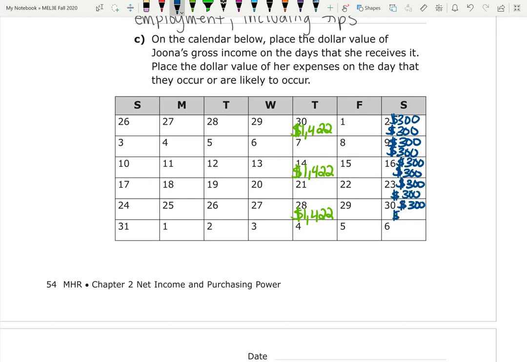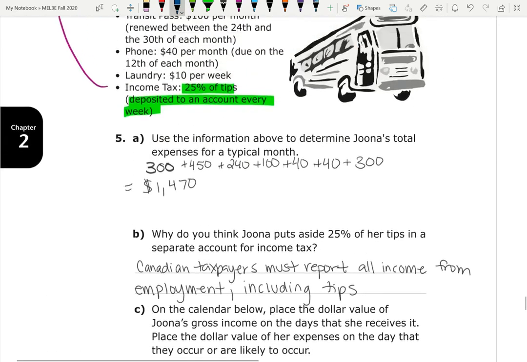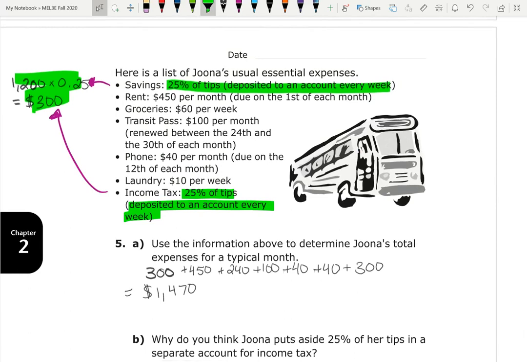So I'm going to write them separately. So the first bullet and the last bullet are taken care of.